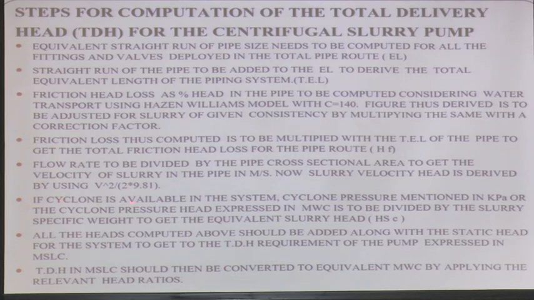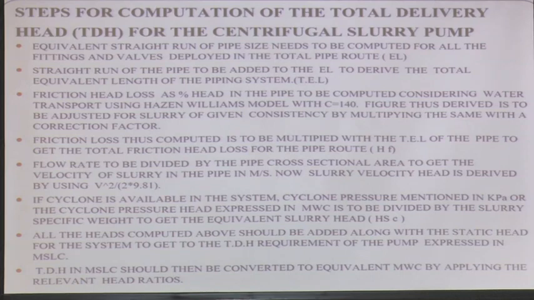If a cyclone is available in the system, the cyclone pressure mentioned in kPa, or the cyclone pressure head expressed in meters of water column, is to be divided by the slurry specific weight to get the equivalent slurry head. For the cyclone, people say 65 kPa.